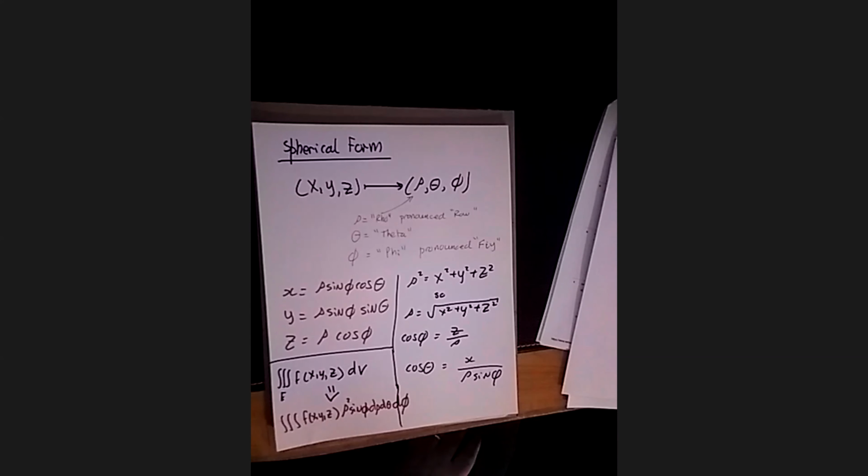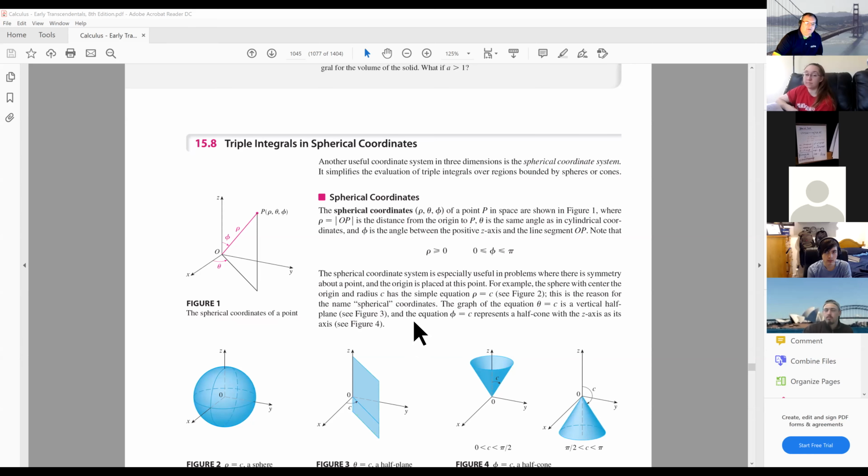Now, I'm going to jump to a screen because there's no way in the world I would ever try and draw this. And this is me on the textbook. When you look at this picture over here, you can imagine this point P floating in the air in 3D space. The way you tell someone where it is on the XY plane, starting at the X and going in your usual anti-clockwise direction, you get to this line.